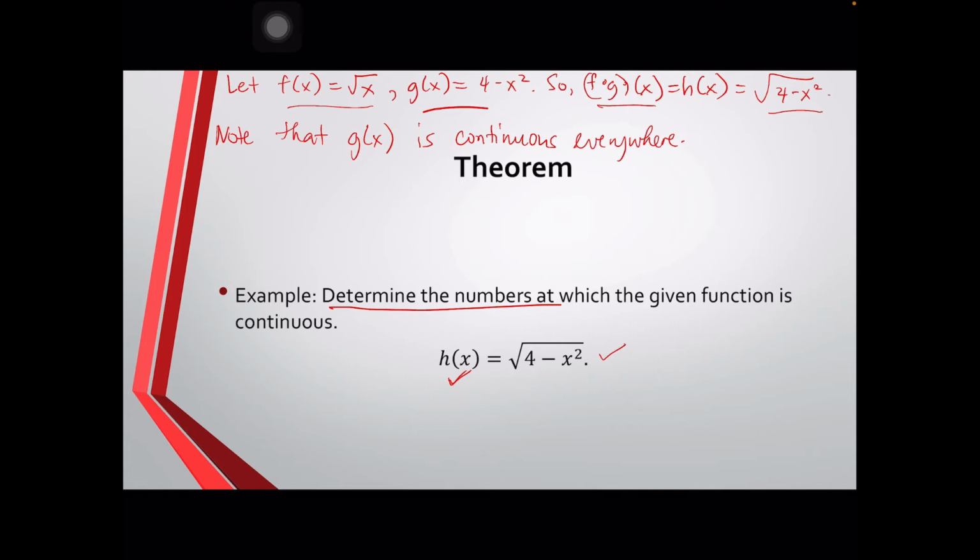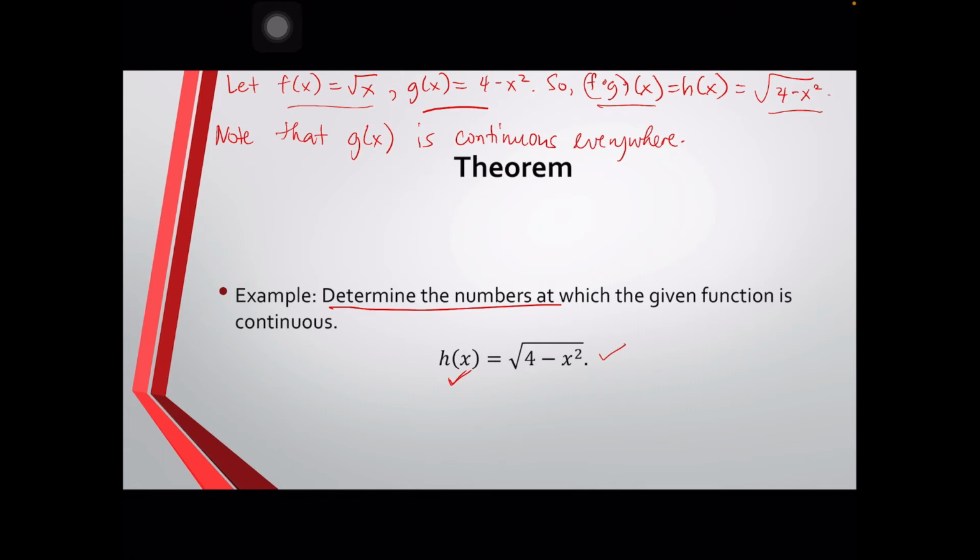What we might have problems with respect to continuity would be the function f of x. Notice that our function f of x is a square root of x. And as I mentioned earlier, we shouldn't have a negative x, or else we'll have imaginary numbers. So we'll have discontinuity because imaginary numbers wouldn't exist in an xy plane, in a real numbers plane.